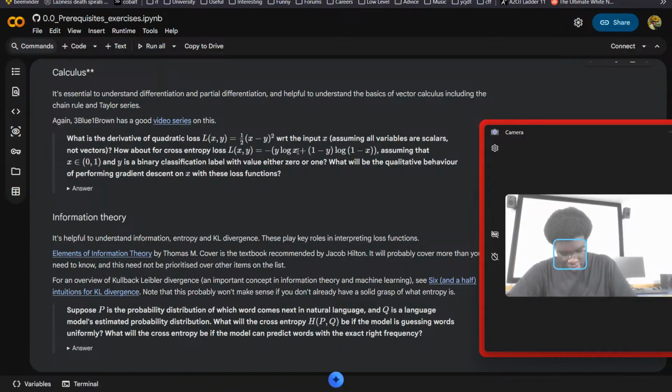So log x goes to 1 over x, so that will just be y over x. And then the derivative of log(1 minus x) is minus 1 divided by (1 minus x). So that will be subtract (1 minus y) over (1 minus x). And I guess we could simplify this further. I'll do that if they do it in the answers, but if they don't, then I'll just check it.